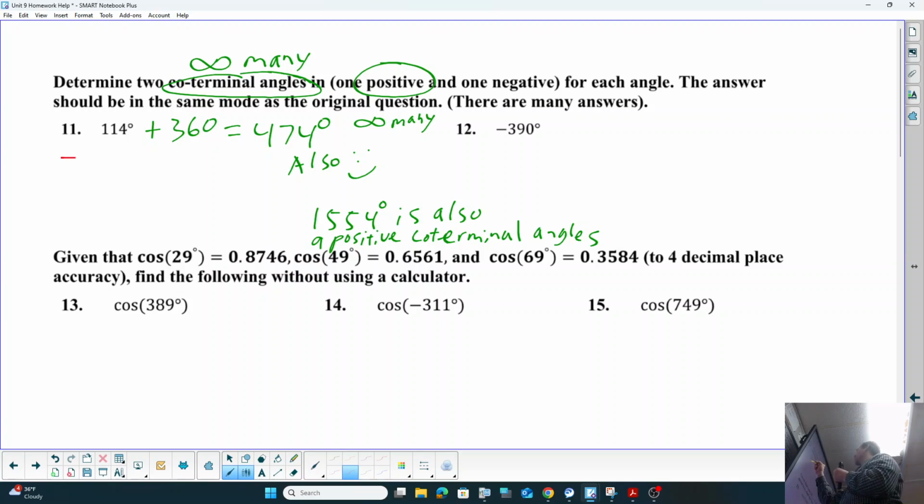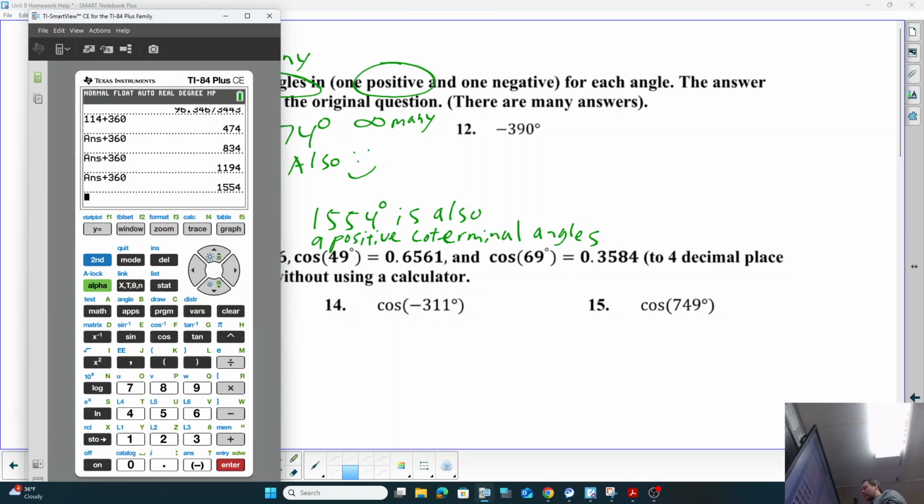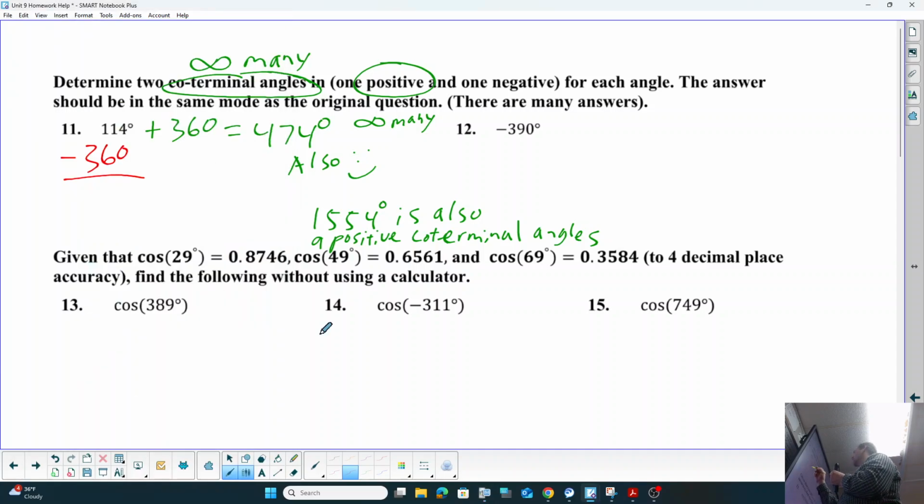Well, now we just go ahead and take 114 and minus 360. Minus a full circle, basically. And you could minus it again if you wanted to. 114 minus 360, the closest is negative 246. So negative 246 degrees is correct, as well as 474.